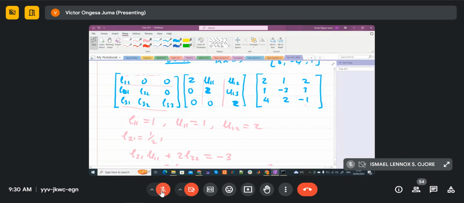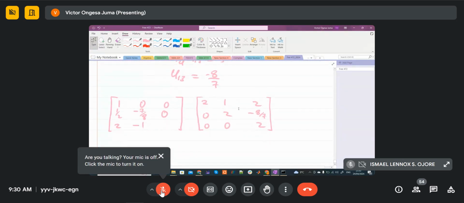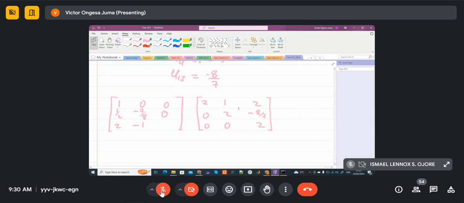So if you name it U23, it will be the same as what I call here U13. So what is your value? What is your solution? I find it to be -43/14. Maybe someone can confirm this part.